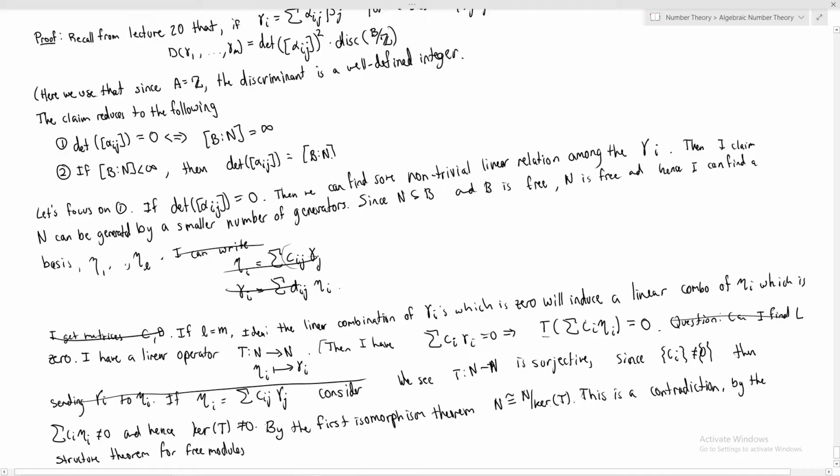Essentially, the kernel of T has to also be a free module. And if I take a free module modulo a free module, this thing is going to have a smaller rank than N.